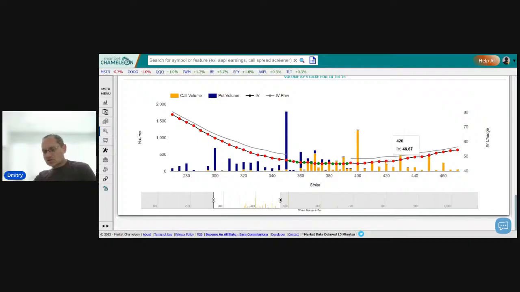We could see a faster movement as we go higher and higher above the 400 strike, or the markets look like they're going to thin out.